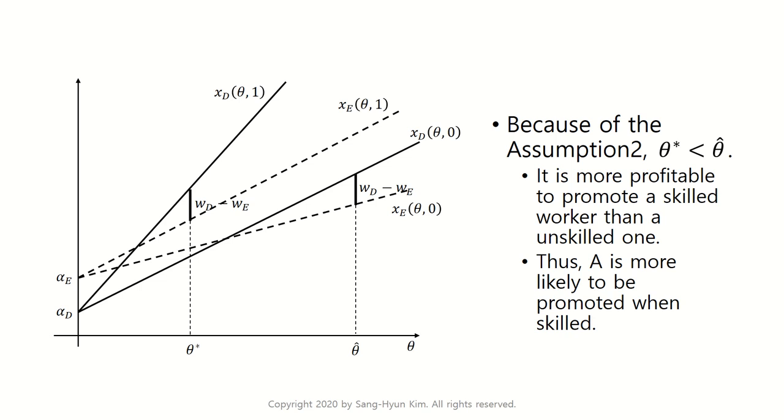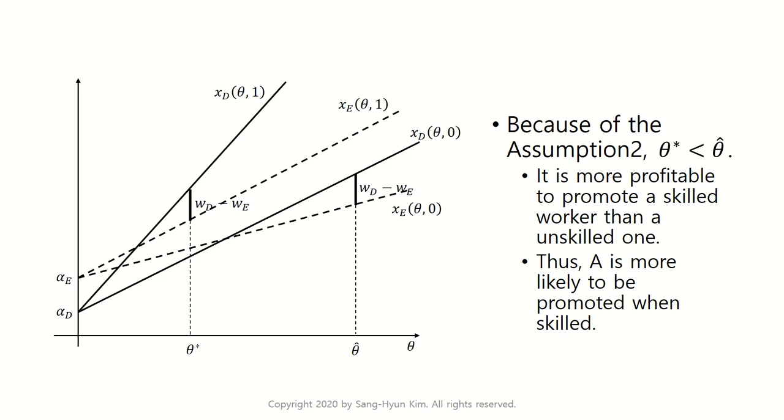So wd and we are already determined in the previous stage. So at this stage, wd minus we is just some given number. So for this given number, we can find the thresholds theta star and theta hat, which make xd minus xe equal to wd minus we.